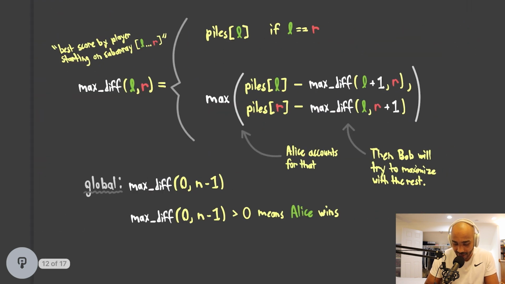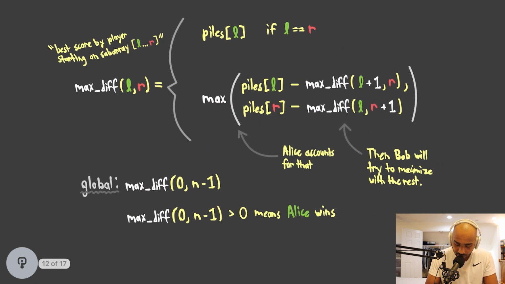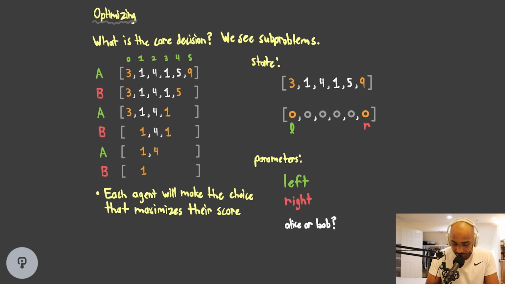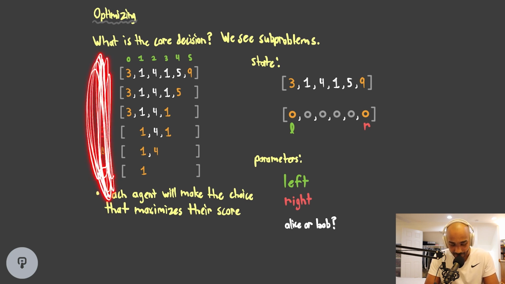So let's break this down into a recurrence that we can use. We need to think about what each agent is maximizing for. We're going to want to forget about the names when we genericize this, so let's forget about Alice and Bob. Let's just look at 2 agents who are going to make a choice at any decision junction. What are they ultimately trying to do at that decision?